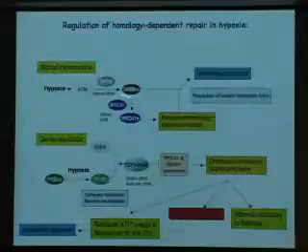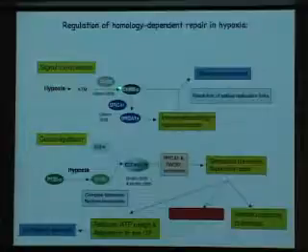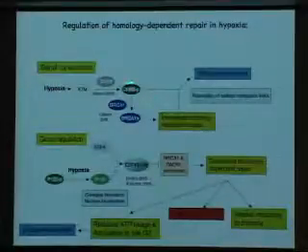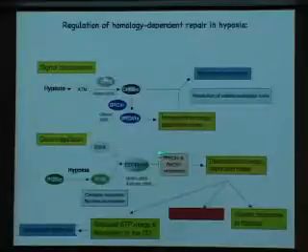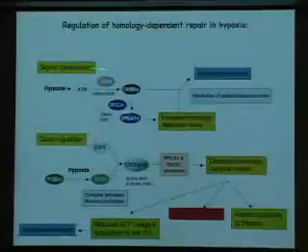So again, to summarize a lot of work in the lab, we found that there's a complex constellation of regulation of the homology-dependent repair pathway in hypoxic cells. There's a signal transduction pathway that's still being worked out that I didn't show you data on, that involves the ATM protein CHEK2 and involves post-translational modification of proteins.